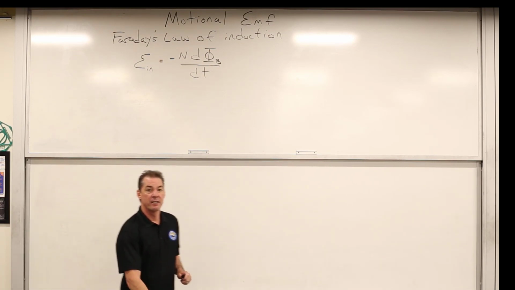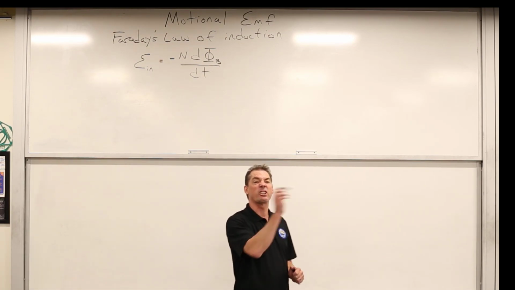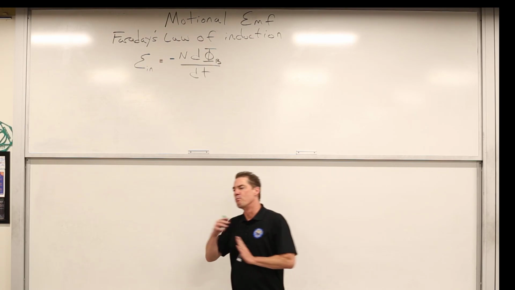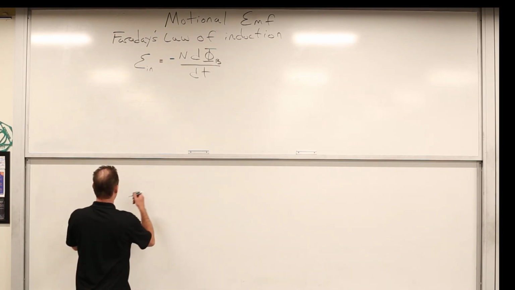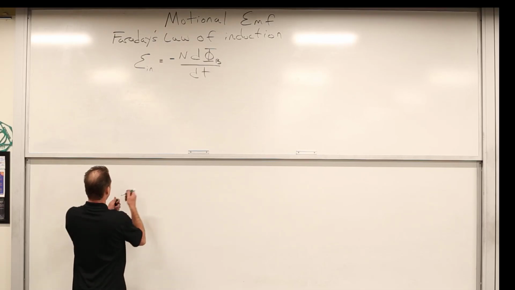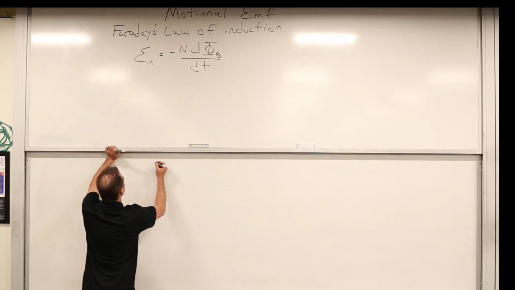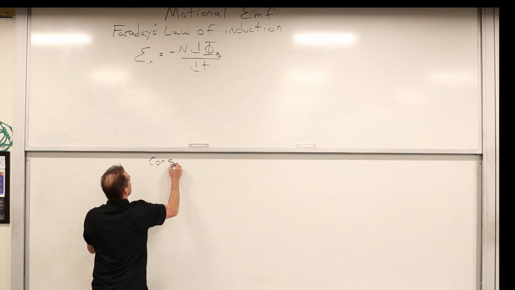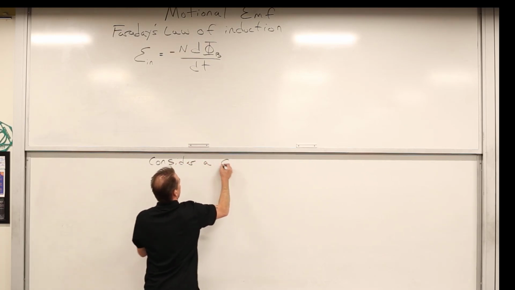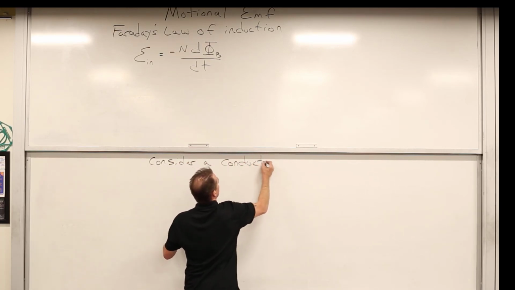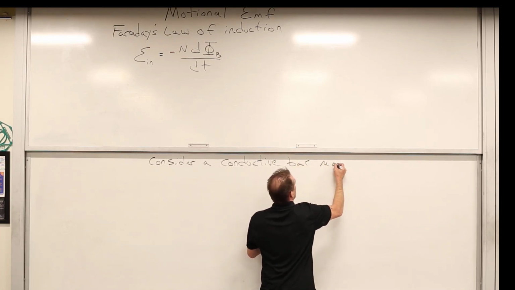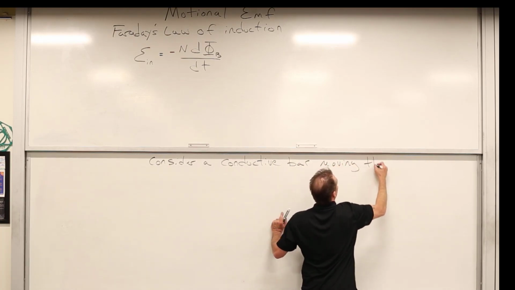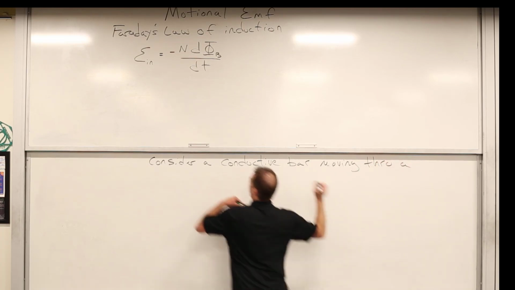First, consider that there is a conductive bar that is moving through a magnetic field. I'm going to take a constant magnetic field. Consider a conductive bar moving through a uniform magnetic field.